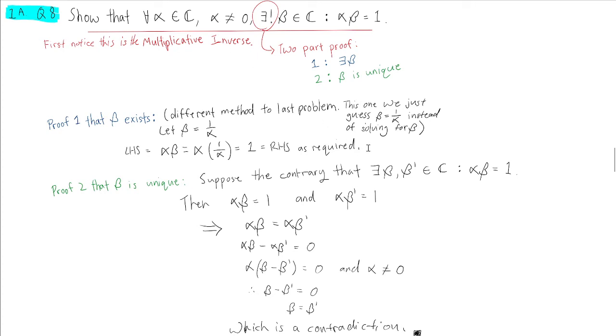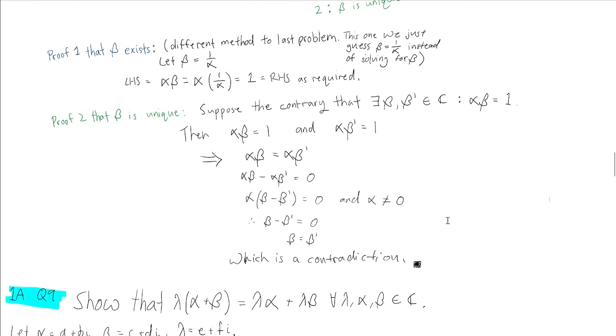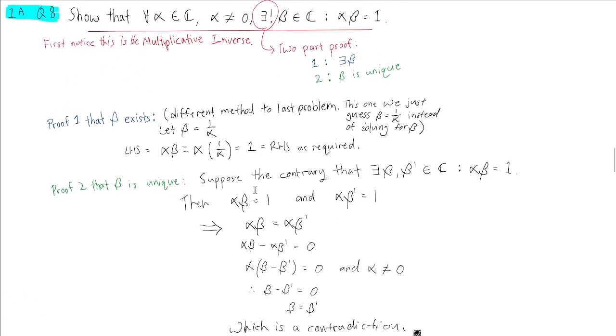But now we need to prove that it's unique. So there's no definition that it has to be unique. So we're going to suppose the contrary. So we're going to do a contradiction here.